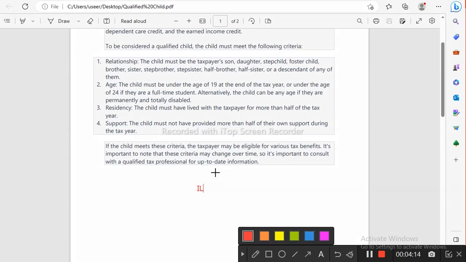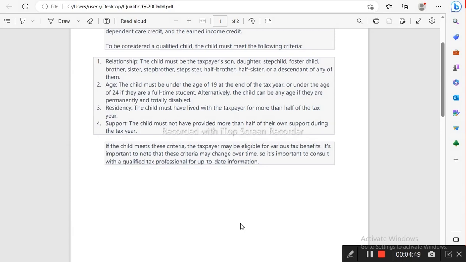Illness: if your child is ill and was not present for half the year in your home, you can claim them as a dependent. Next is study purposes: if he is out of home and has not come home for six months or a longer extended period of time, you can claim them on your return.